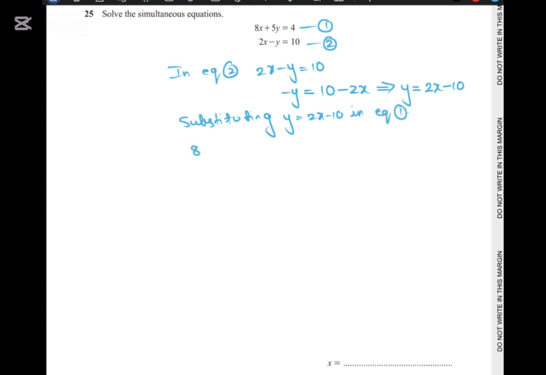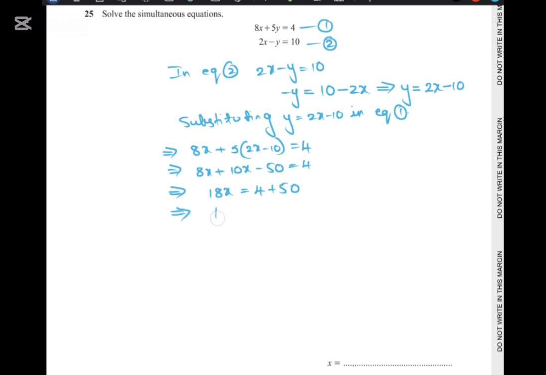So in the place of y, I will write 2x minus 10. So 5y is 5 into 2x minus 10 is equal to 4. This will be 8x. 5 into 2 is 10, that is 10x. 5 into minus 10 is minus 50 is equal to 4. Like terms need to be added, so 18x. 50 you can bring to the right hand side, so 4 plus 50.